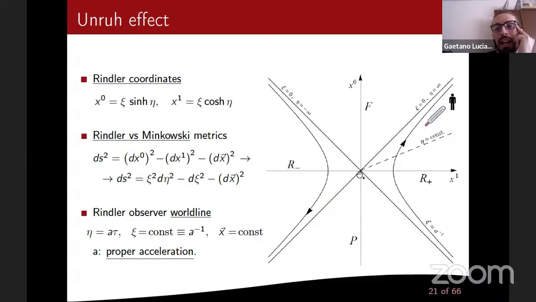So this line here acts as a future event horizon, and this line here acts as a past event horizon. If you combine these two observations, you see that regions 1 and 2 are causally disconnected. Okay, and this is fundamental for the emergence of the Unruh effect.